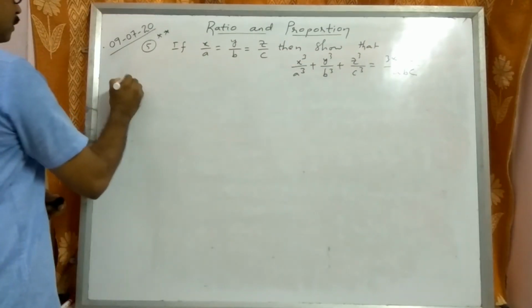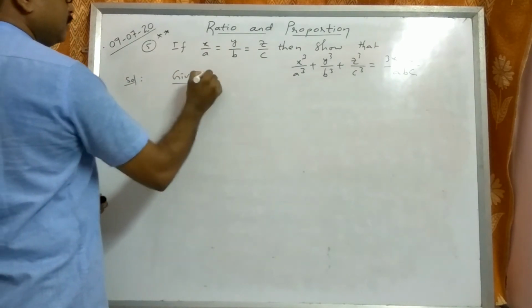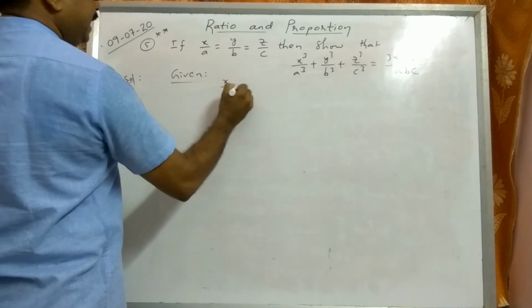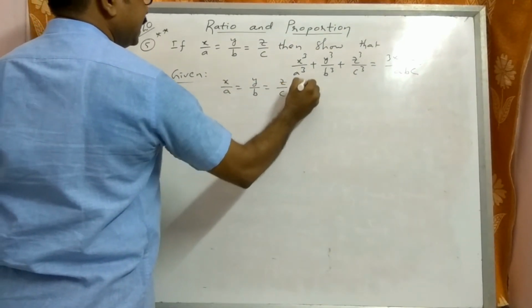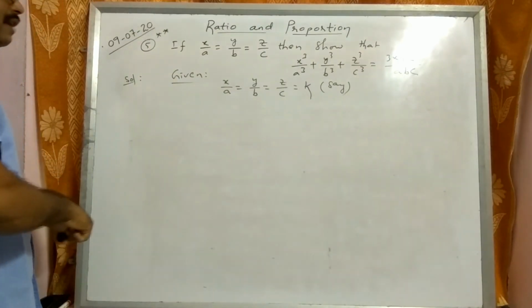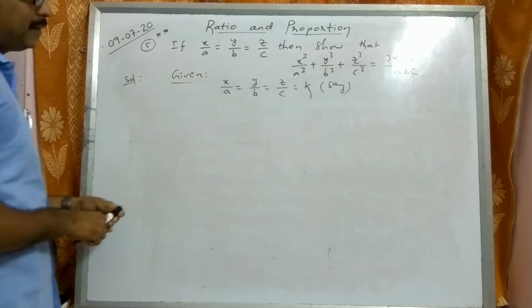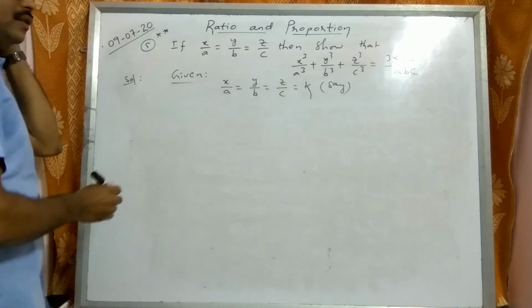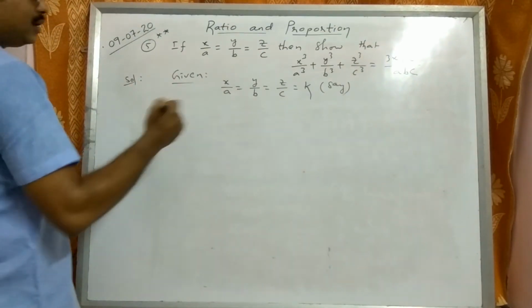Okay, so what is given here? x by a equal to y by b equal to z by c. Let it be k. Whenever we are given like this, let it be k. This method is called the k method. So x by a, y by b, z by c, three terms are given.